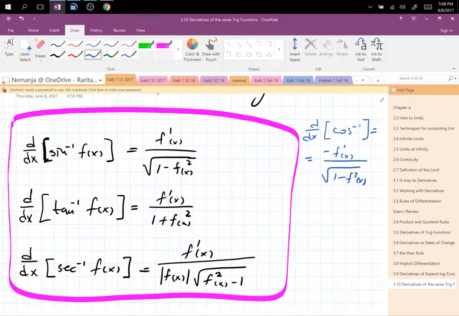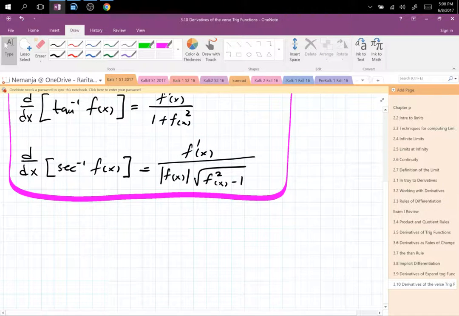So you have all of these formulas. You will be able to write inverse cotangent with a minus and inverse cosecant with a minus. Good. And now let's just take a look at a few problems.